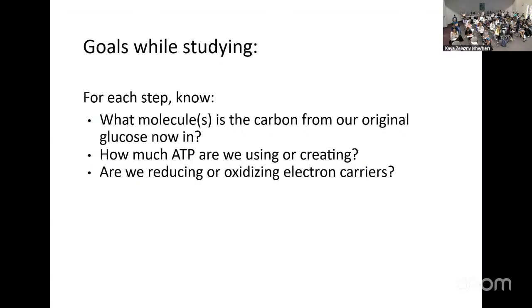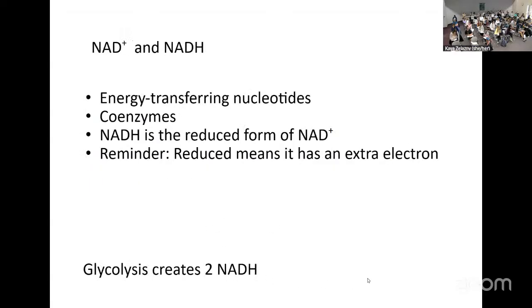How much ATP we're using or creating, and in this glycolysis step, you need 2 ATP on net. And then when we're thinking about reducing and oxidizing our electron carriers, we just saw that we made this reduced electron carrier, this NADH. And we'll come back to that as we keep going through.